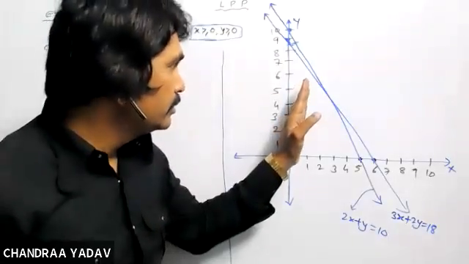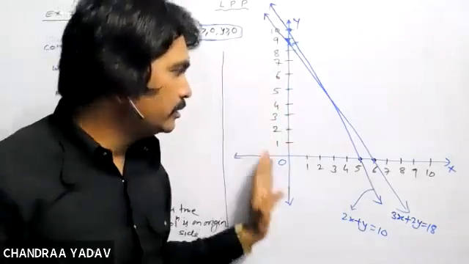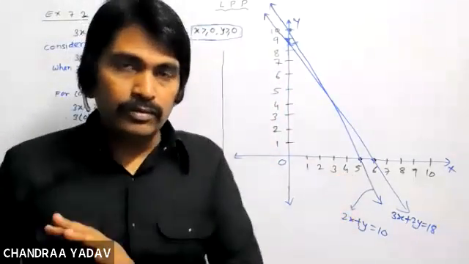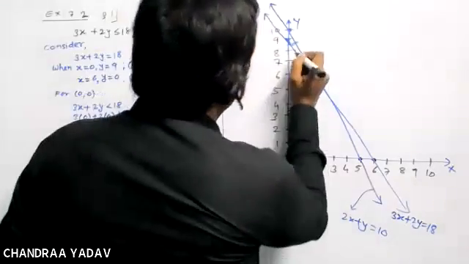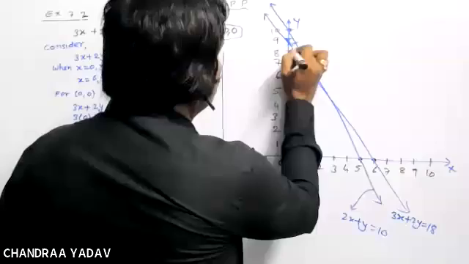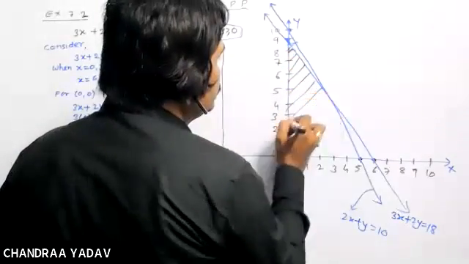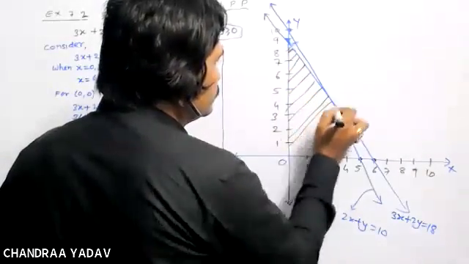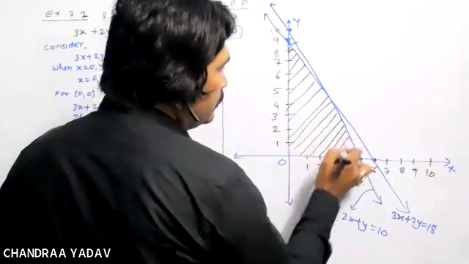We can't exceed this first quadrant. We can't move into the second, third, or fourth. So arrows will not be there. So how do we find the common solution or feasible region? Like that, this one. This shaded portion gives the feasible region.